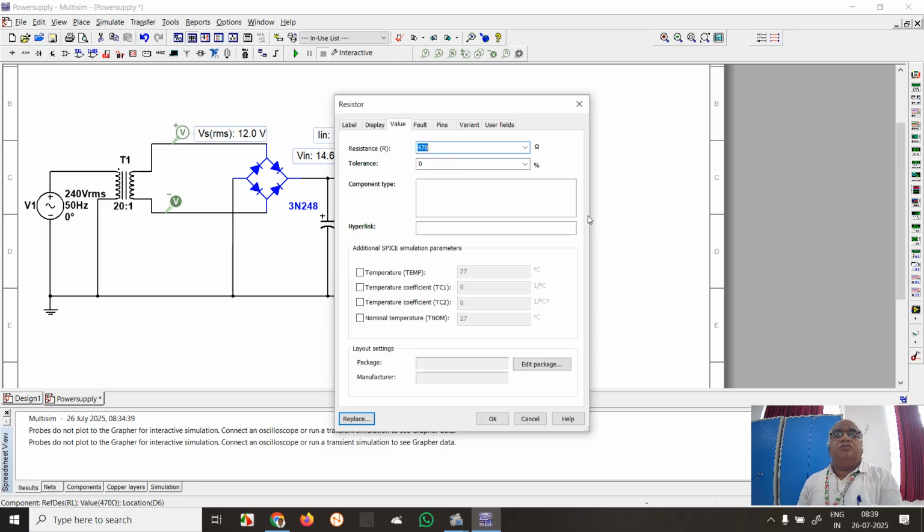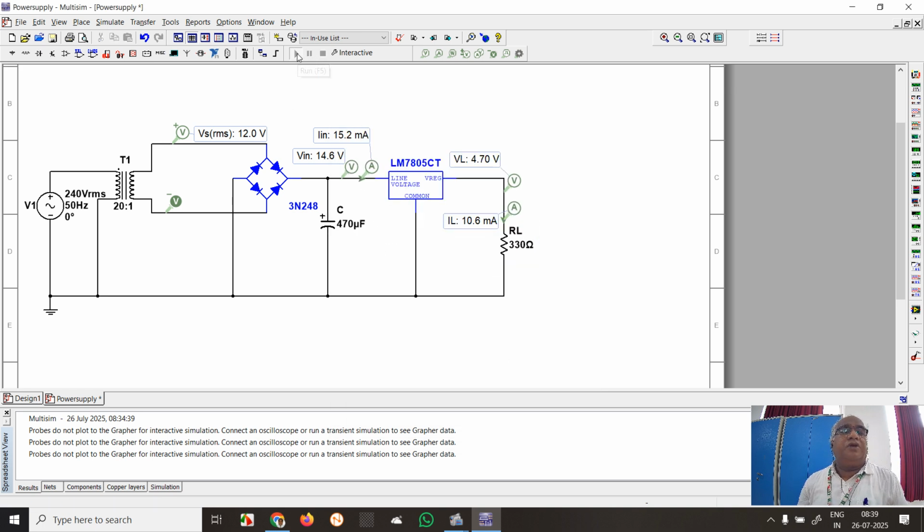Stop simulation, change to 330 ohms, run simulation.